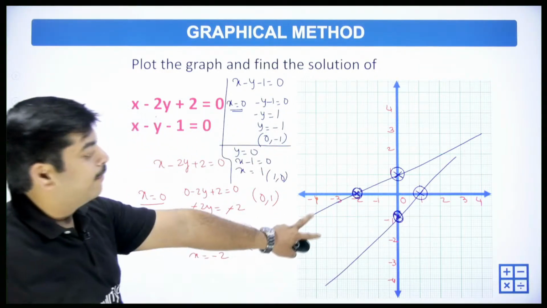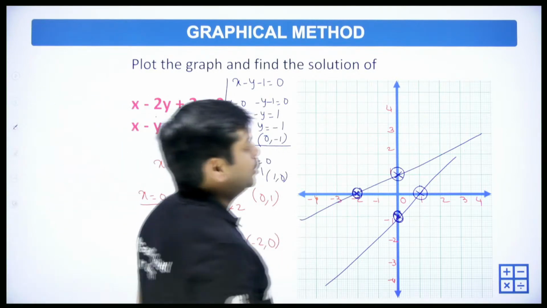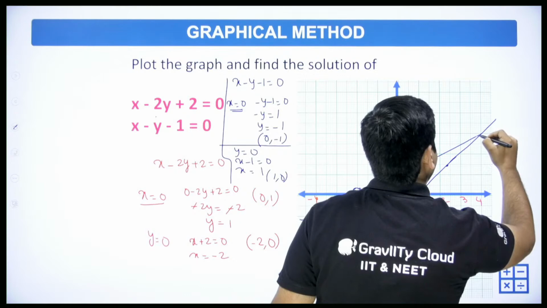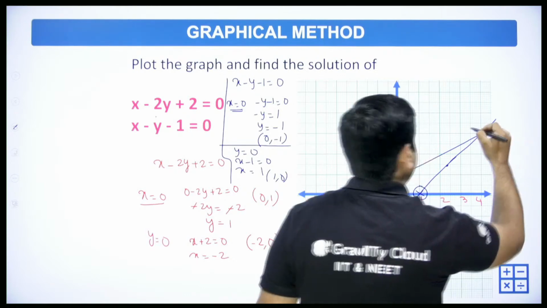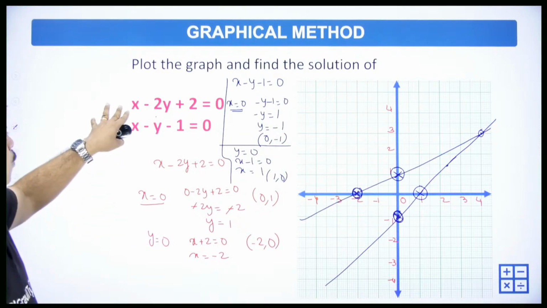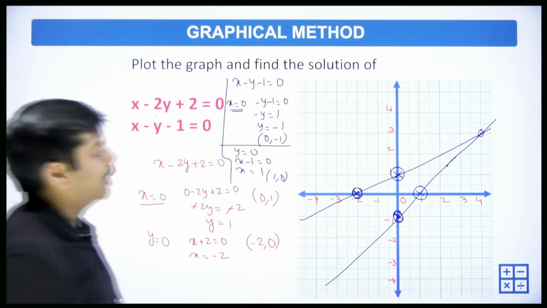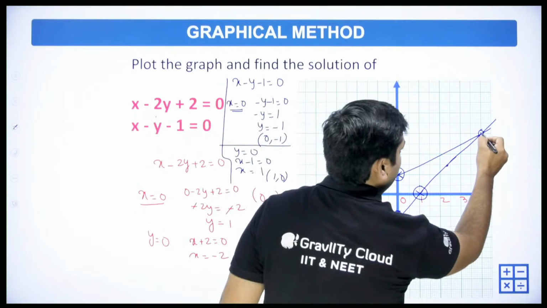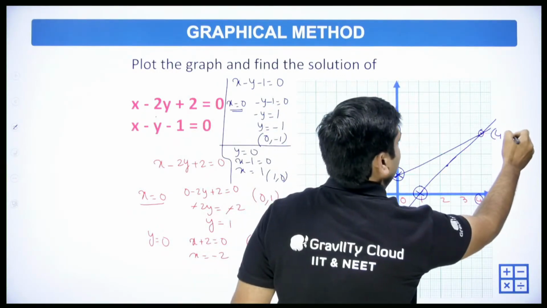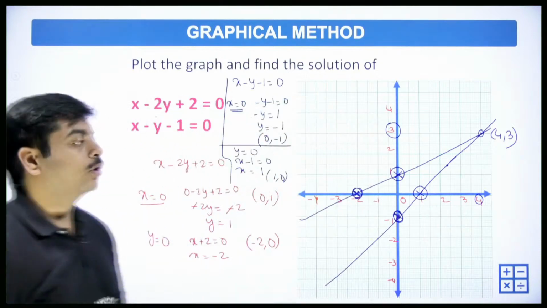So these two will never intersect at this point, but these two will intersect at some point here, as per my graph. Maybe (4, 3). Yes, that's correct. Here you can see this is 4, this is 3. So this point is (4, 3).